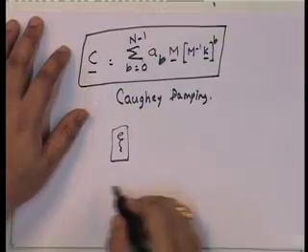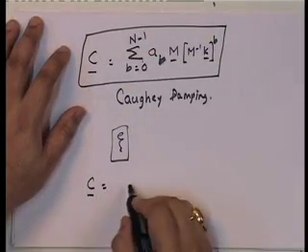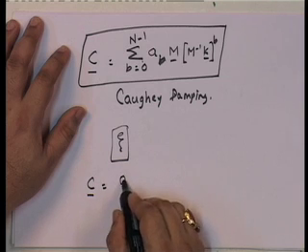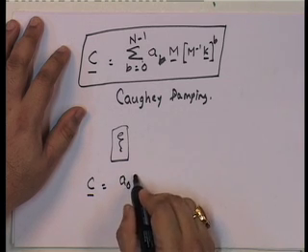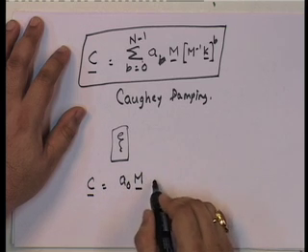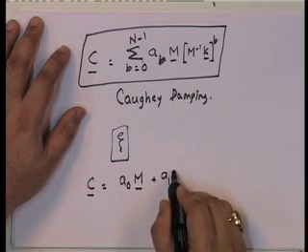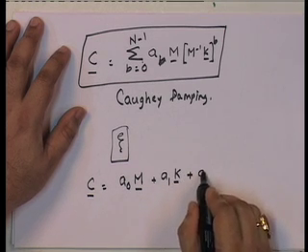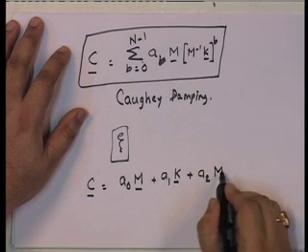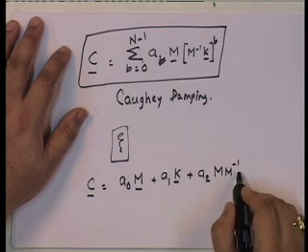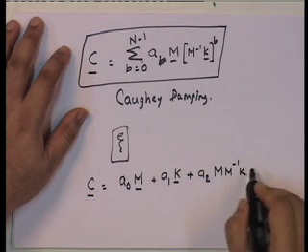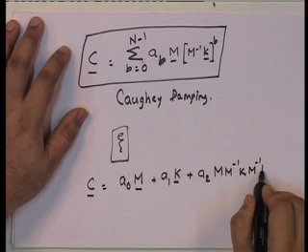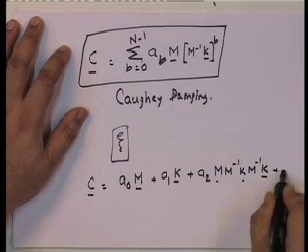I know that, in a sense, this basically becomes the following. C becomes equal to A 0 m plus A 1 k plus A 2 m inverse k m inverse k, and so on and so forth.